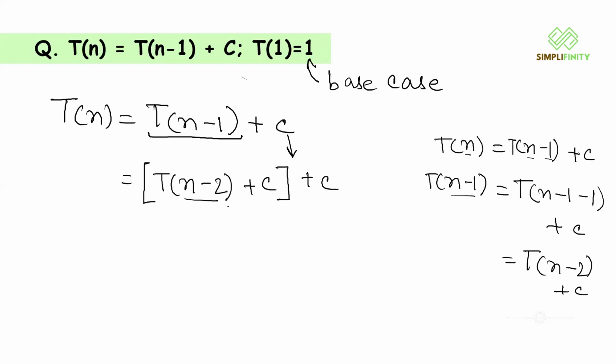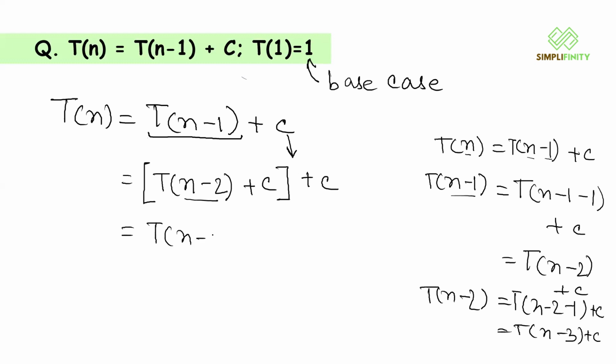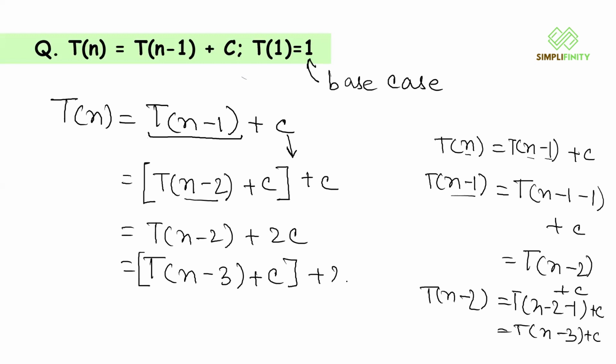Now the same thing we need to do with T of n minus 2. T of n minus 2 equals T of n minus 3 plus C. So we will first simplify this and write T of n minus 3 plus C plus 2C.